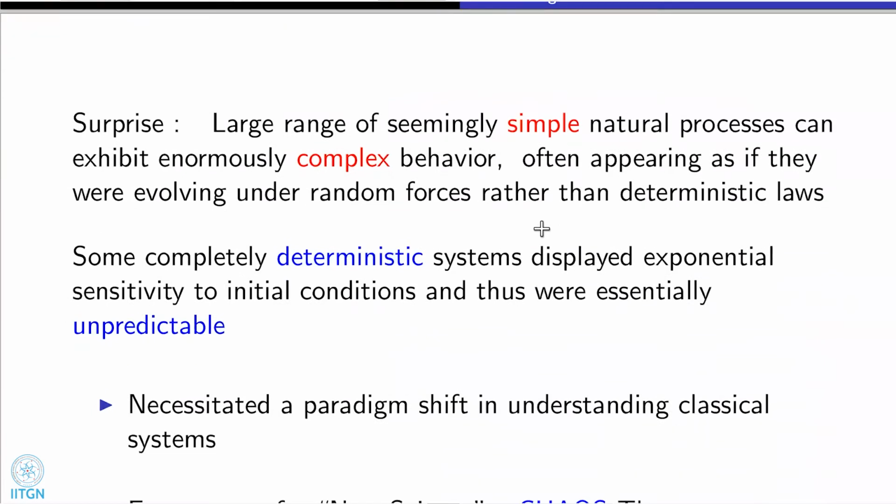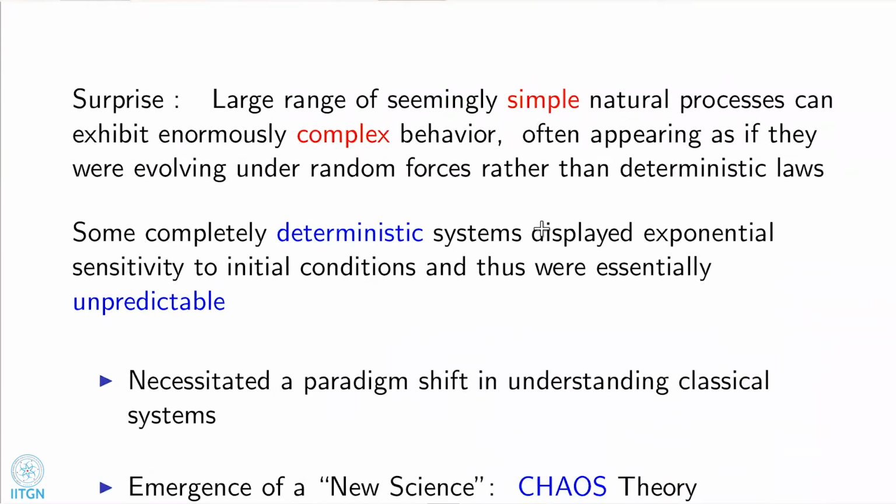Clearly, something has to necessitate it. You don't push yourself unless you need it. And what was the surprise? The surprise was that seemingly very simple natural processes seem to exhibit extremely complex behavior, which defied the simple elementary functions which we know and love to describe dynamics.